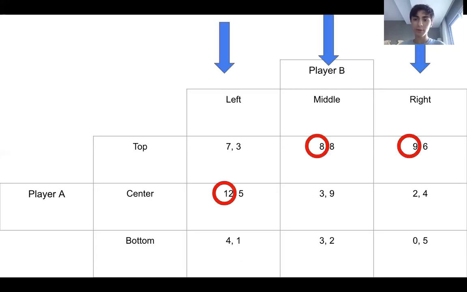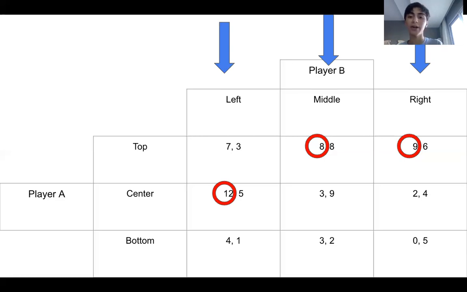Exactly. So now let's do the same for player B, right? I'm going to let you guys do this once because I keep accidentally advancing slides, which isn't great. Given that player A chooses top, what is player B going to choose? Given that player A chooses center, what should player B choose?